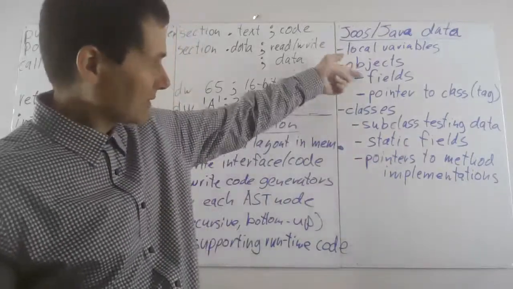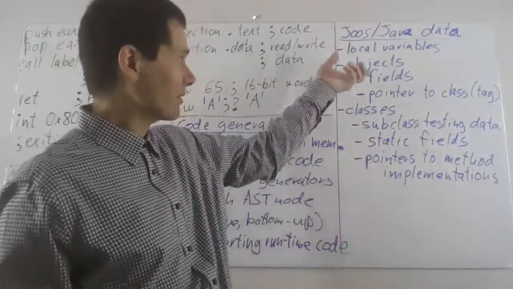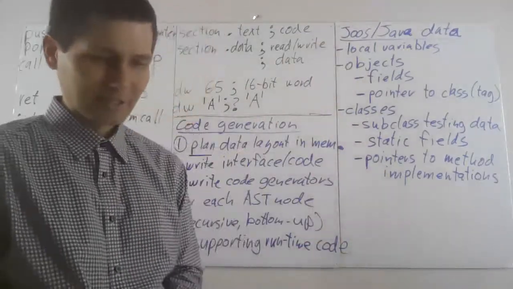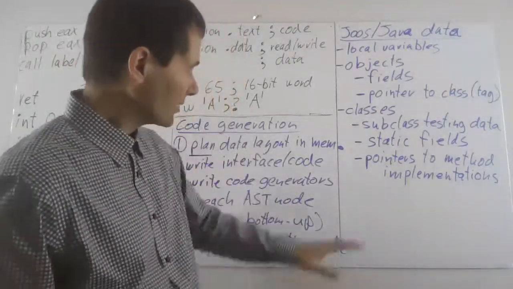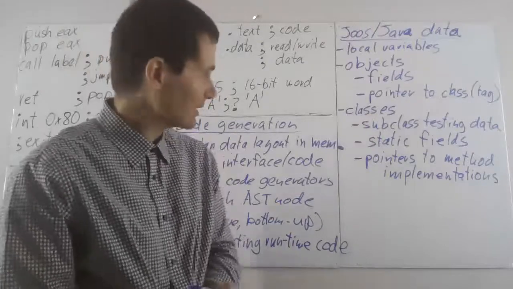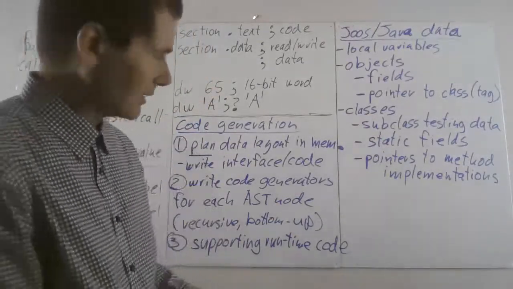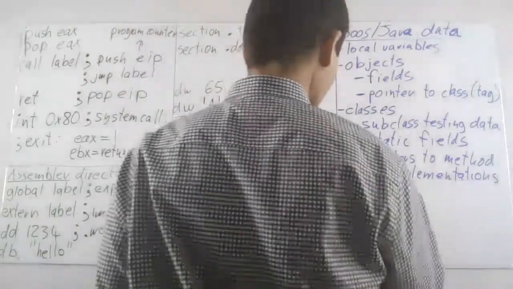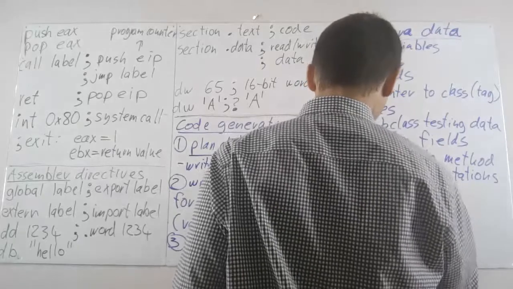So by dereferencing a couple of pointers, I can find the eat method on whatever object I happen to have. Okay, so this is the information that I need for classes.